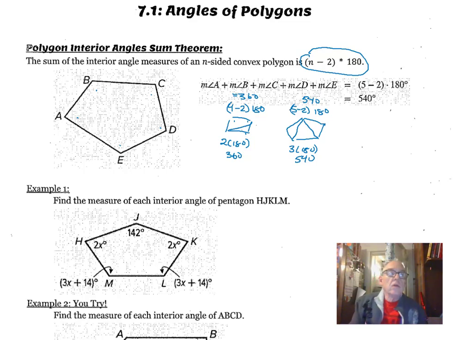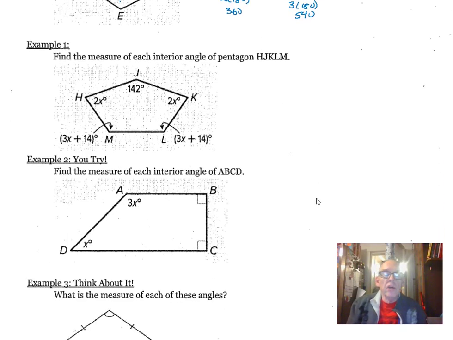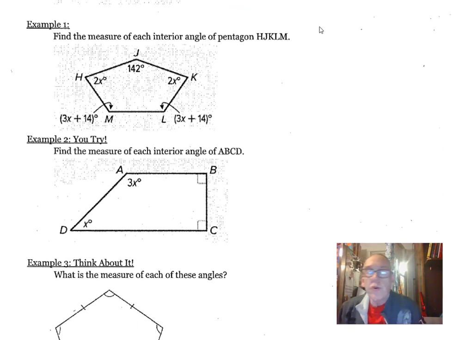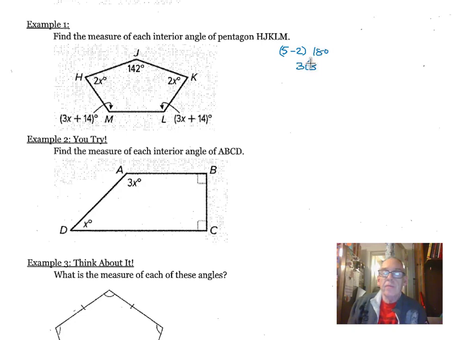Okay, let's look at example 1. We want to find the interior measure of each angle of the pentagon HJKLM. So altogether, these angles need to add up to 540 degrees because 5 sides take away 2 times 180 is 3 times 180, which is 540.